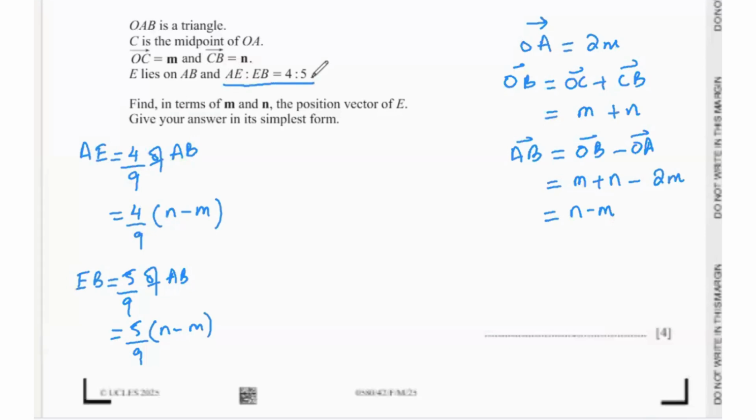Remember, in ratios, you add the given values in the ratio for the denominator, and the numerator is the number that represents that term. So since AE is 4 in the ratio, 4 comes in the numerator, and denominator will be 4 plus 5, which is 9. So 4/9 is the fraction for AE, and 5/9 is a fraction of EB. AE plus EB adds up to AB. So that means 4/9 of AB is AE, since AE lies on AB, and 5/9 of AB is EB.